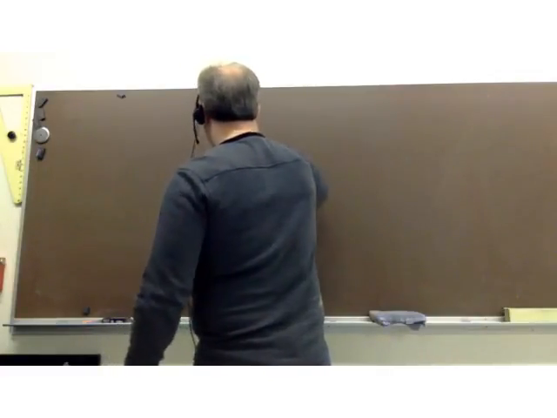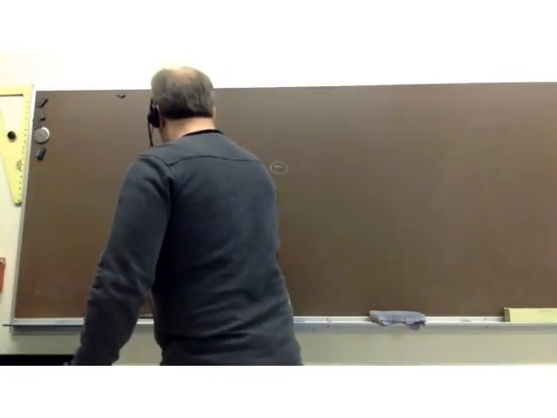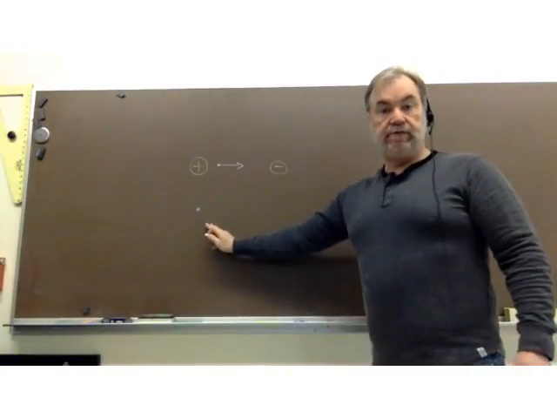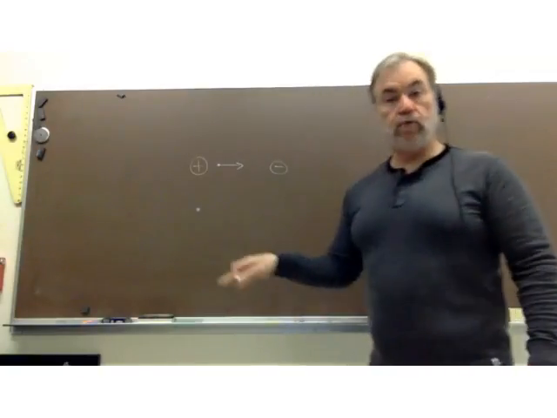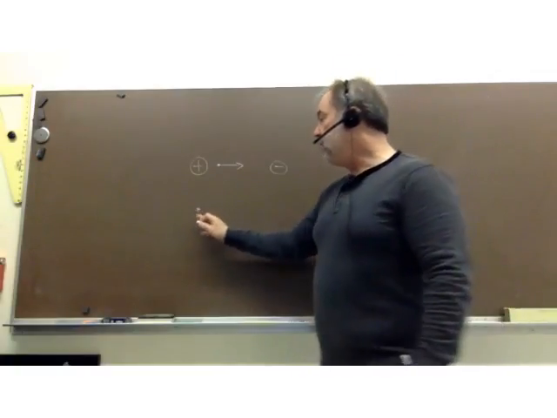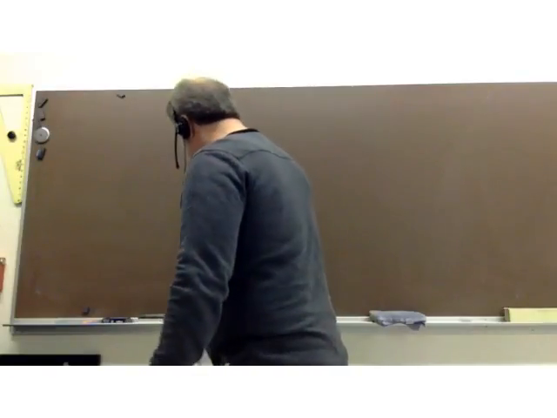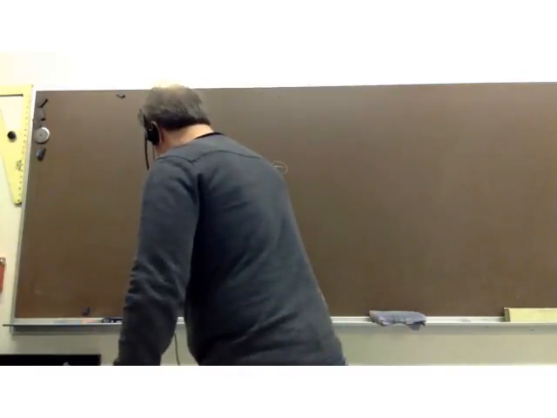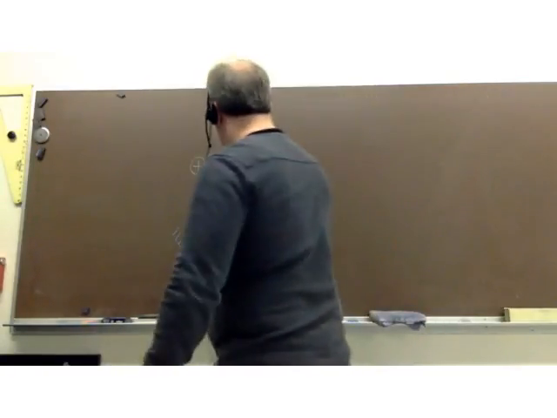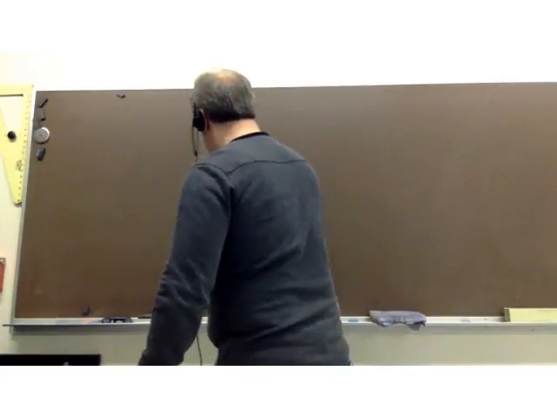And let me rewrite that. If I chose a different point, say down here, and once again imagine putting a positive test charge at this point, again let's think about the net electric force on such a positive test charge here. It would experience a strong repulsive force from the positive charge. This is the force from the positive charge. It would experience a weak attractive force from the negative charge.